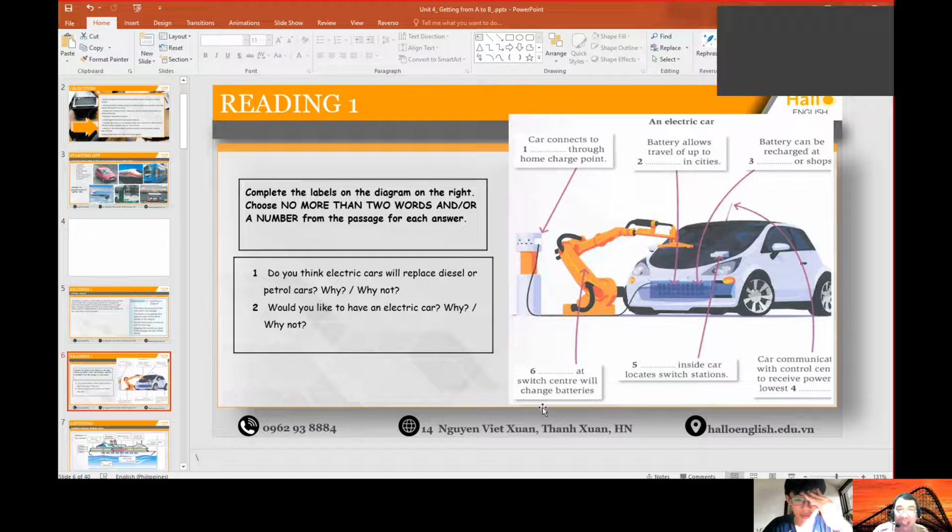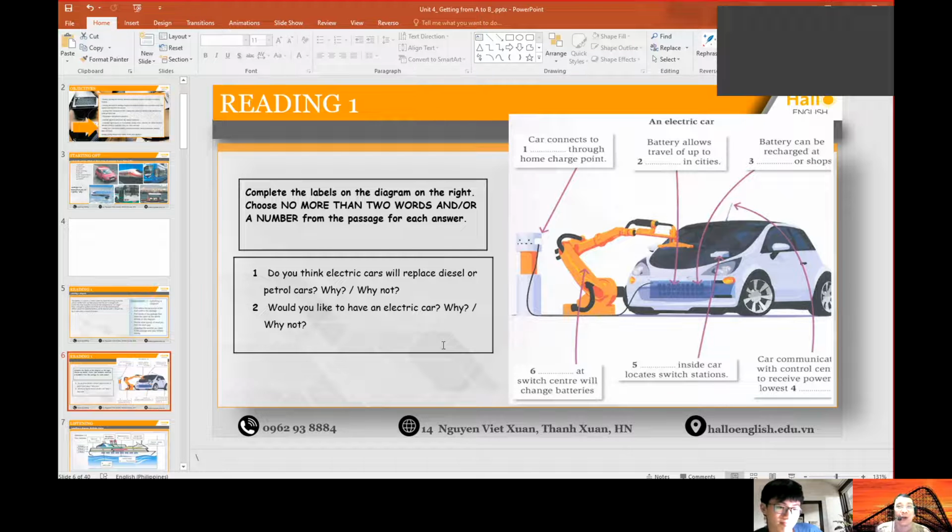But the mere fact is that electric cars can only reach a certain destination compared to cars that use diesel or petrol.